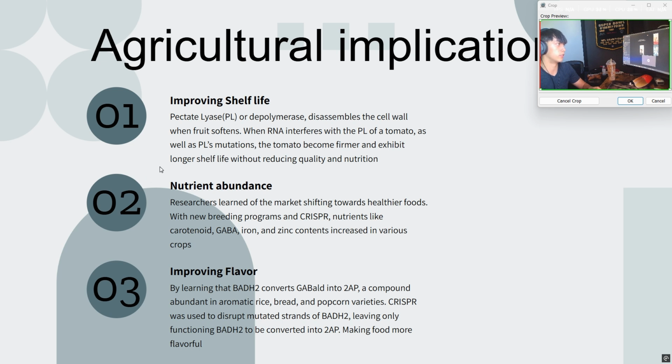Those can be increased in their respective fruits, and it can improve flavor. When they learned that BADH can convert gabald into 2AP, they would mess around with the mutated strands of BADH2, leaving only good BADH2 to convert that into 2AP, and it would make food taste better.